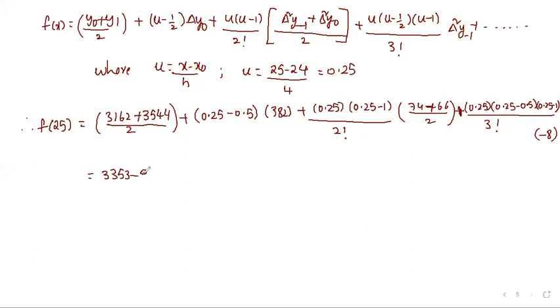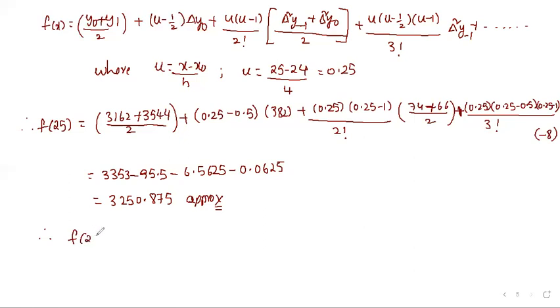3353 minus 95.5 minus 6.5625 minus 0.0625, that is equal to 3250.875 approximately.